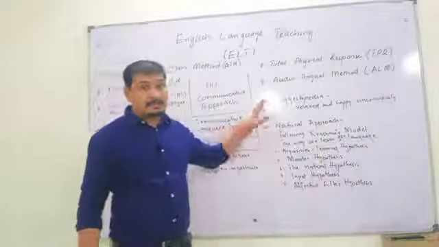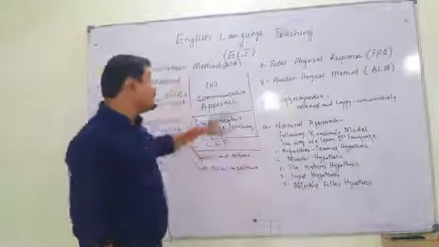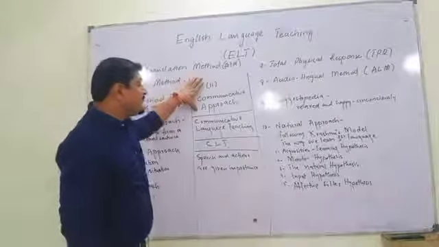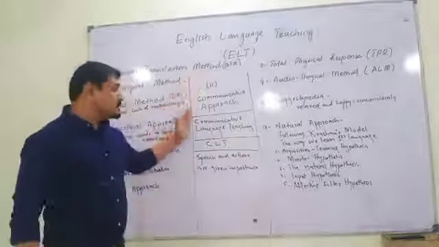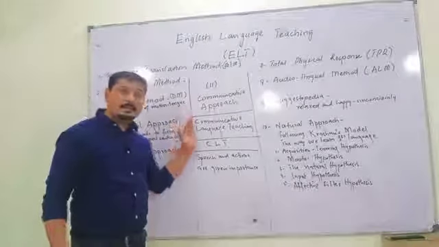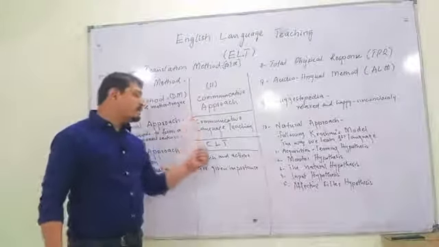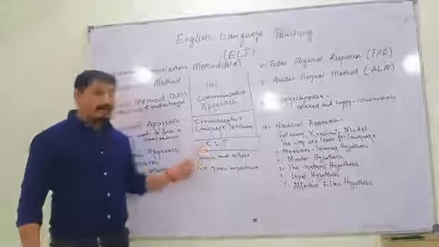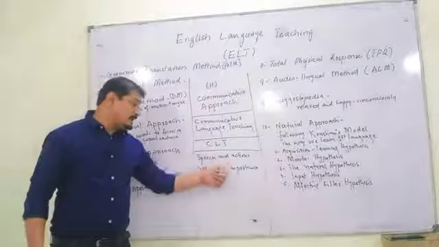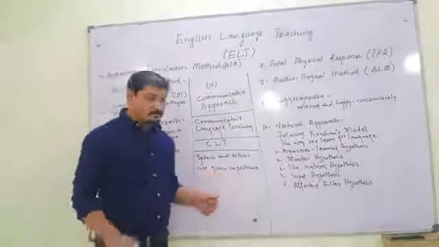And the last and the best of all, and my favorite one, is the communicative approach, which is also referred to as communicative language teaching. In short form, we call it CLT. It says speech and actions are given importance.